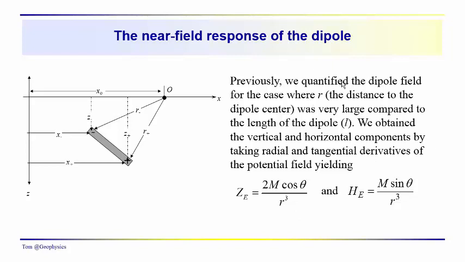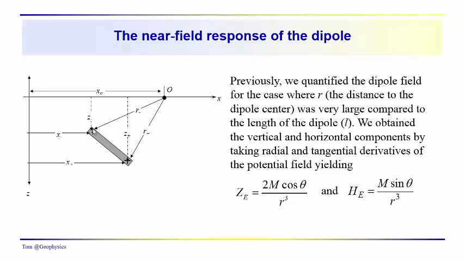Now, these expressions come for the case when the dipole is very, very far away, so that r plus and r minus are just a little bit different by the amount dr, depending on the inclination of the dipole. So now we're going to take a look at the case where we're pulling the dipole up, it's in the near surface.